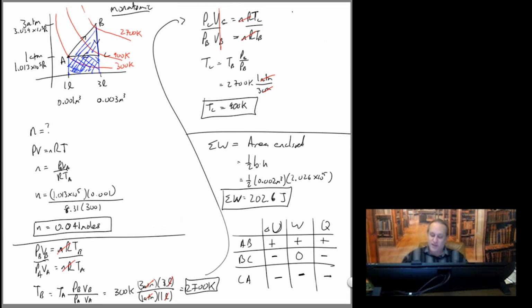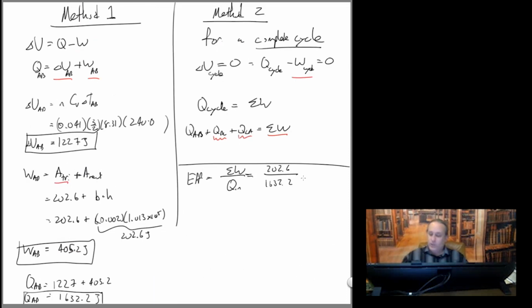So that's 1632.2. That is 0.124, or we could call that 12.4%. Multiplying by 100 turns it into a percent.